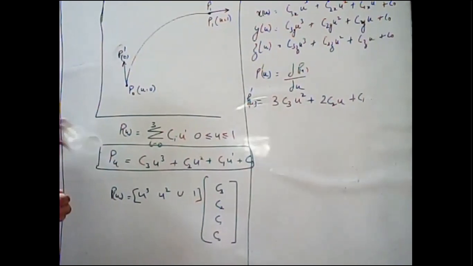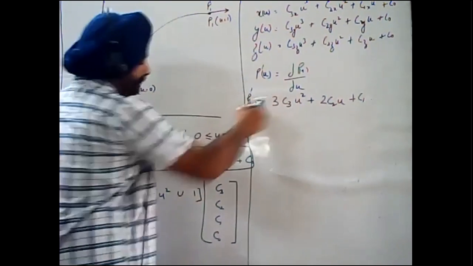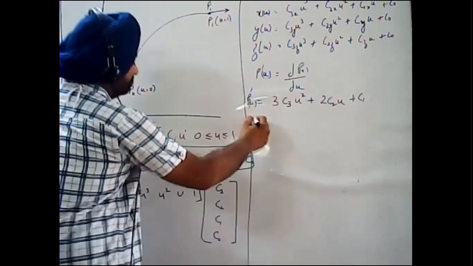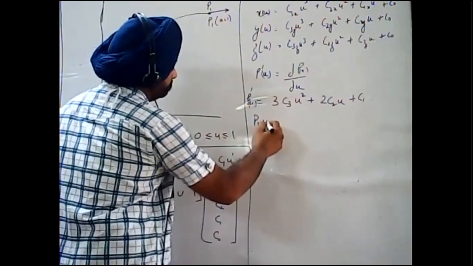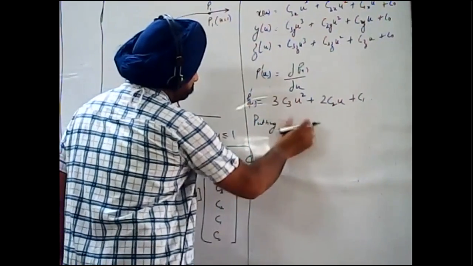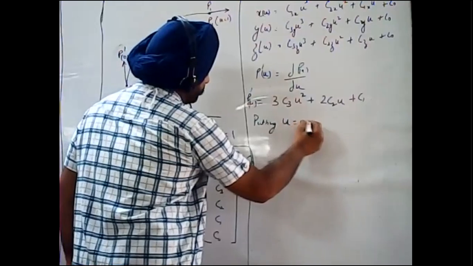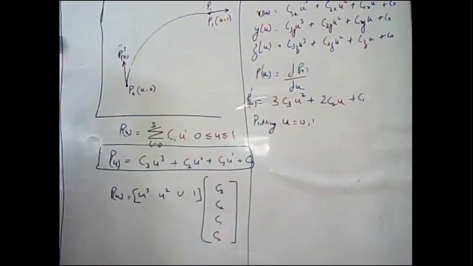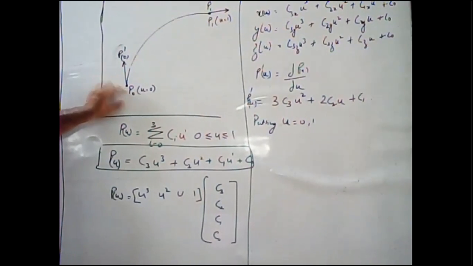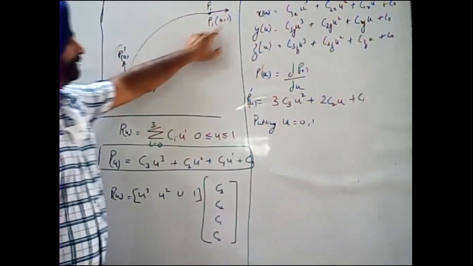Now we are having two equations, P u and P dash u, right? Now what is to be done is putting u equal to 0 and 1, as our two points are u equal to 0 and u equal to 1.